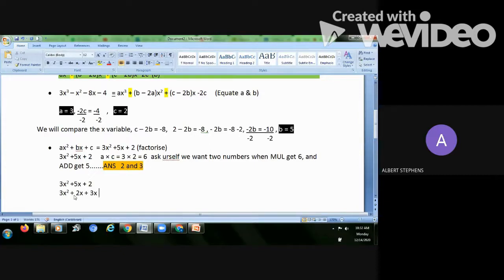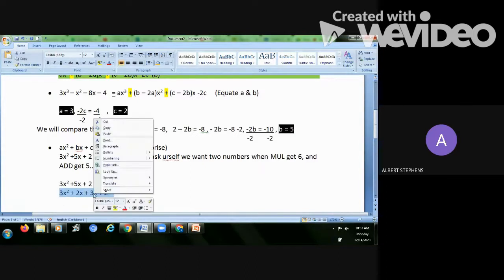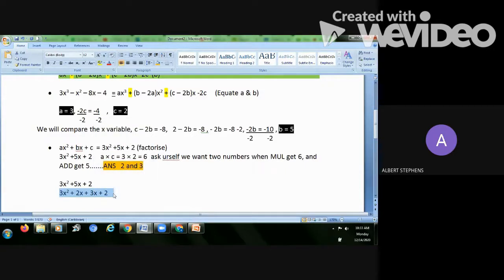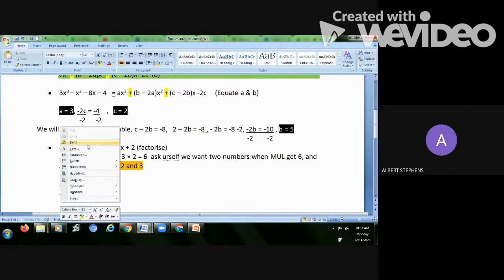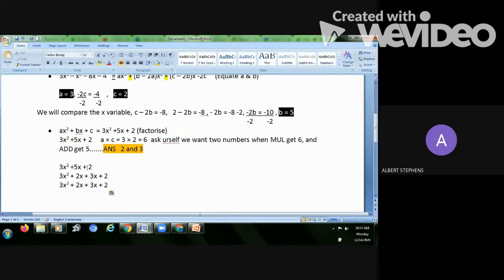And then write the last term. So you notice the first term you write back, and the last term you write back. Because we have 4 terms, if you remember in grade 11, whenever we're factorizing 4 terms, we use a method of what? Grouping.